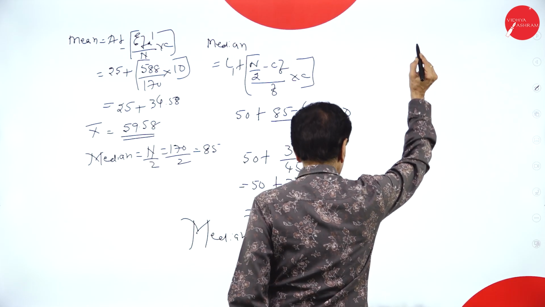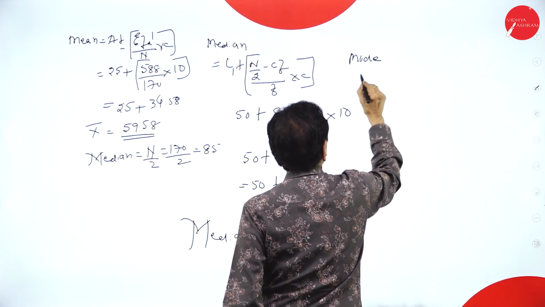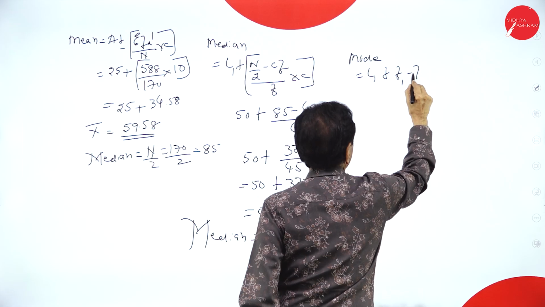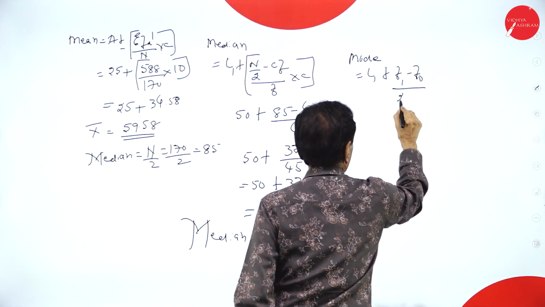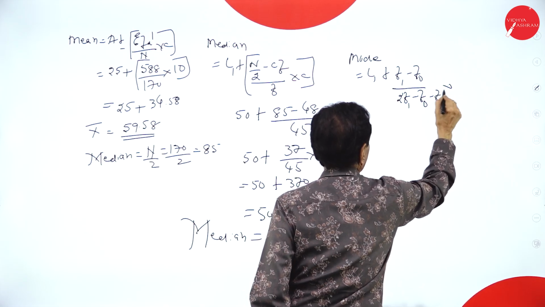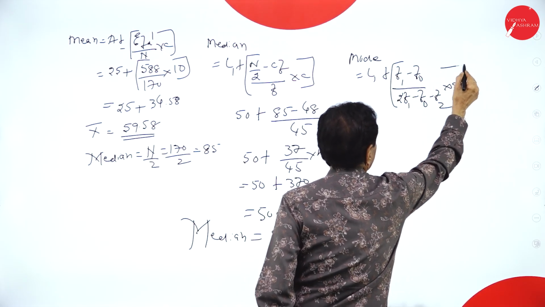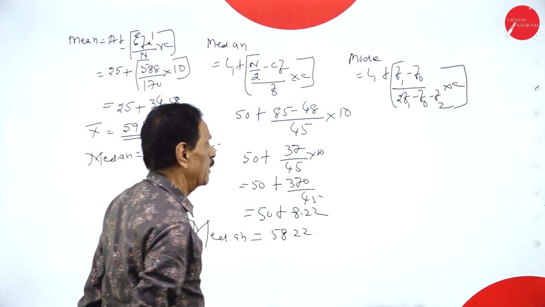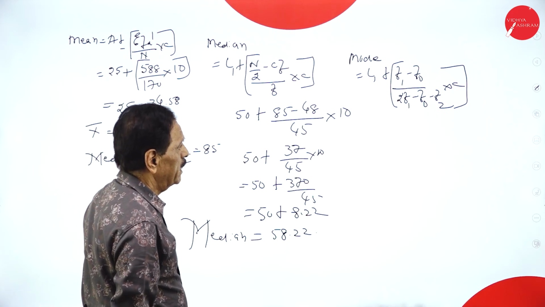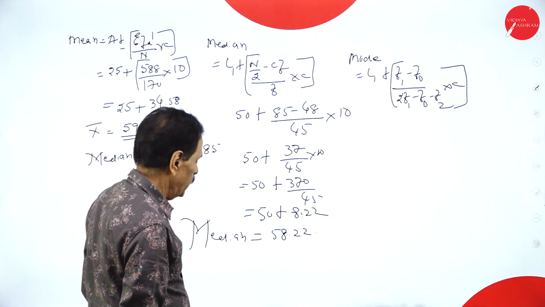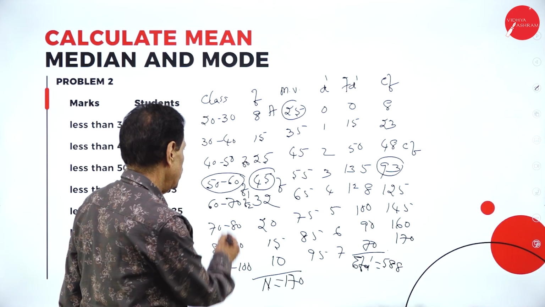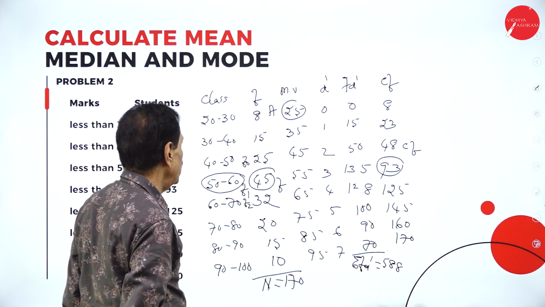Mode is equal to L1 plus F1 minus F0 divided by 2F1 minus F0 minus F2 into C. Apply. Which range have you selected? Highest is 45, 50 to 60.